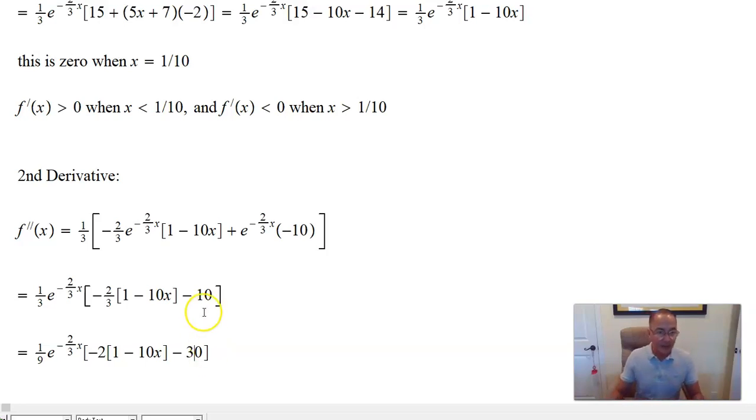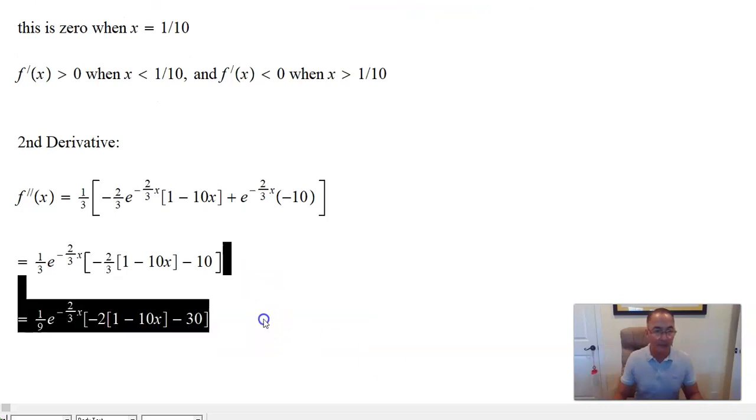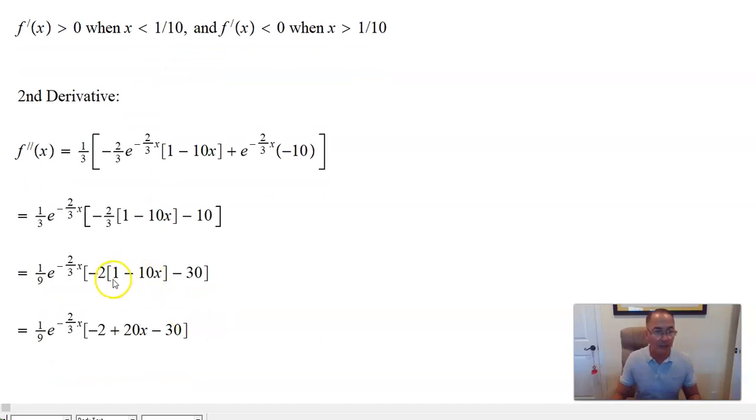So now we get to expand, and what do we get? We get minus 2, and then minus 2 times minus 10x is going to be plus 20x. Minus 30. All right, so check: minus 2 plus 20x.